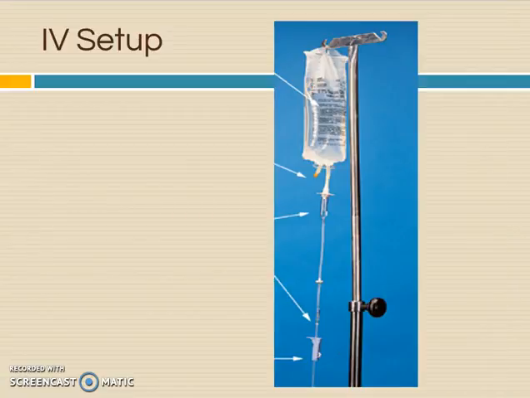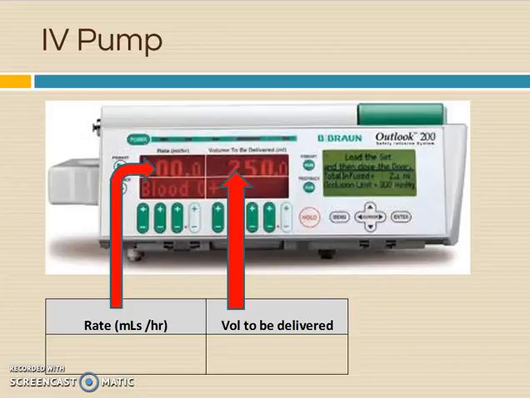Here's an IV setup. You've probably seen this before. This is a simple IV setup. It's just a gravity IV, but it's one IV. There's nothing hooked onto it. Here is a pump. The pump has two things, the rate and the volume to be delivered.